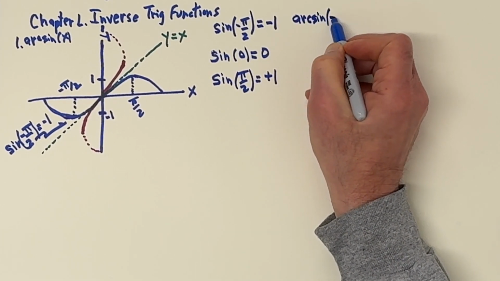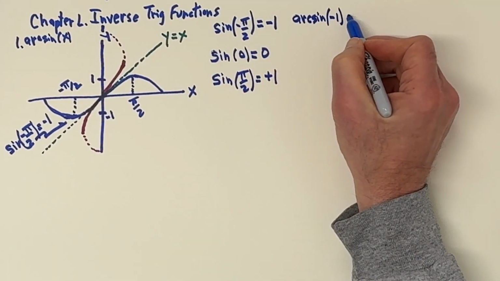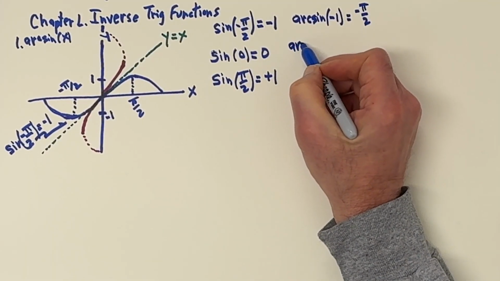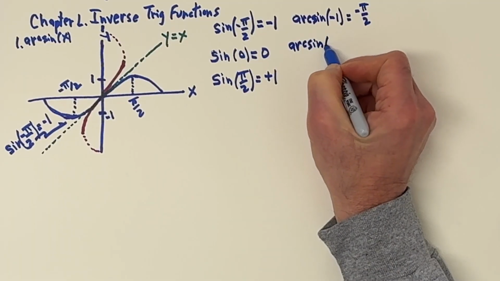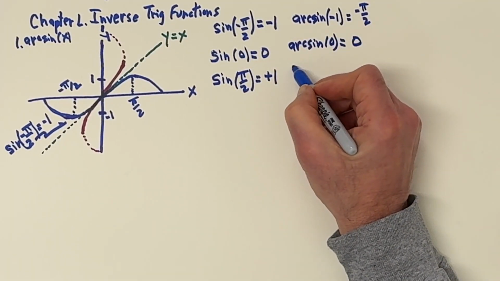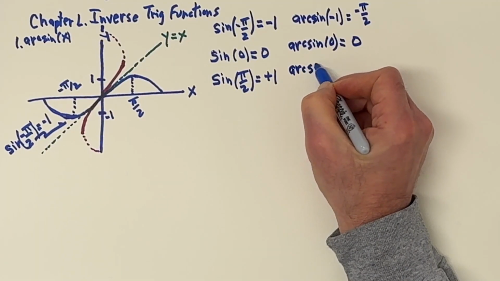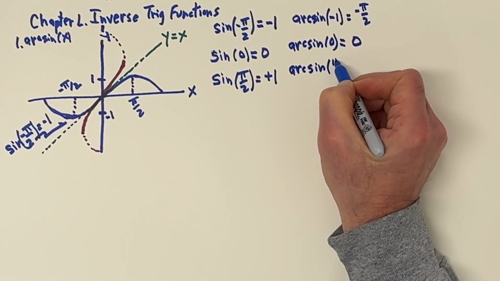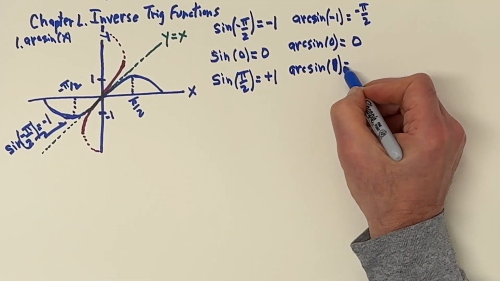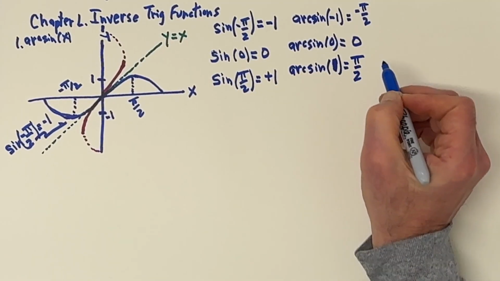The arc sine of -1 has to get you the minus pi over 2. And then the arc sine of 0 has to get you back to 0. And the arc sine of +1 has to get you pi over 2.